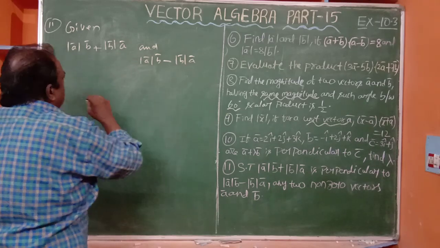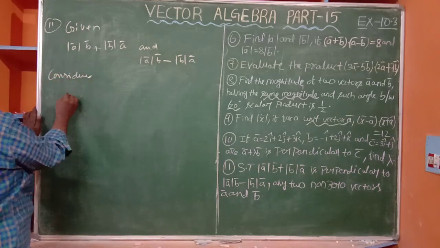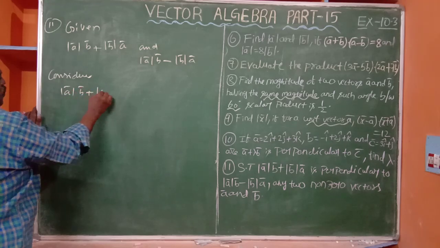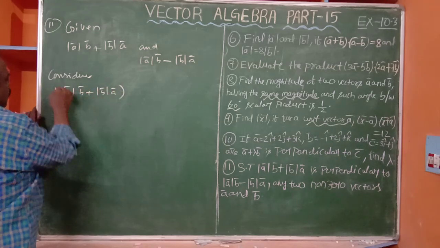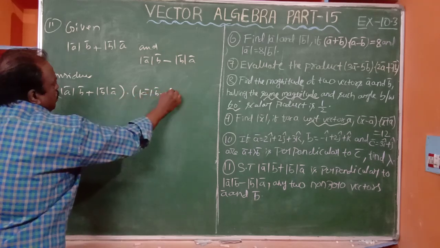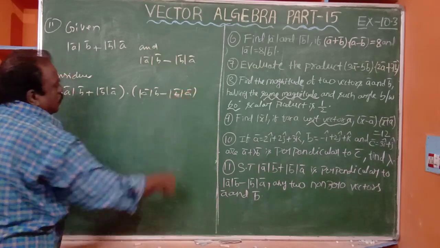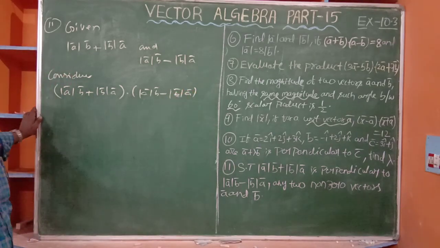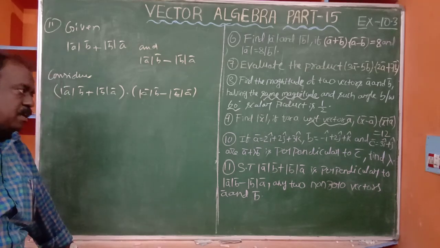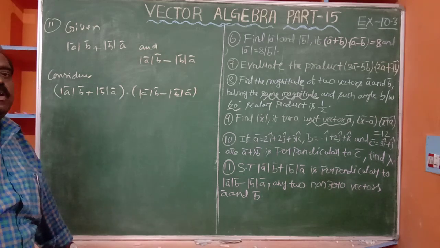Now you see, I will consider (modulus of A bar times B bar plus modulus of B bar times A bar) dot (modulus of A bar times B bar minus modulus of B bar times A bar). If we are asked to show two given vectors are perpendicular, how can we prove it?